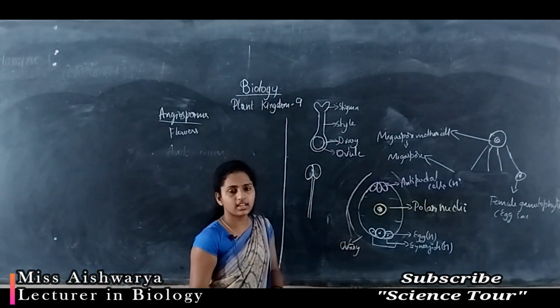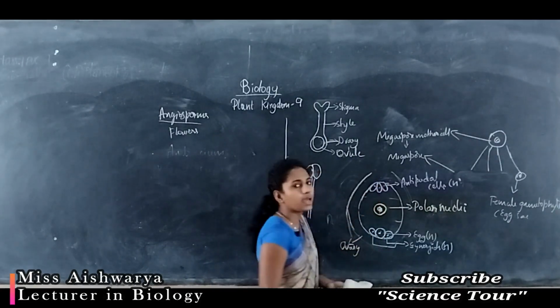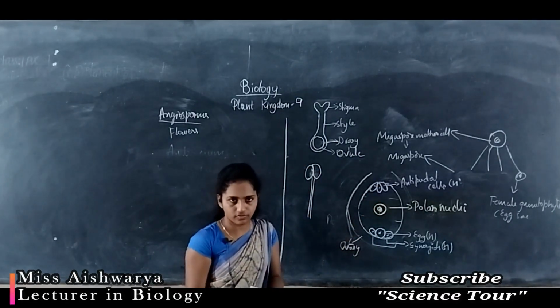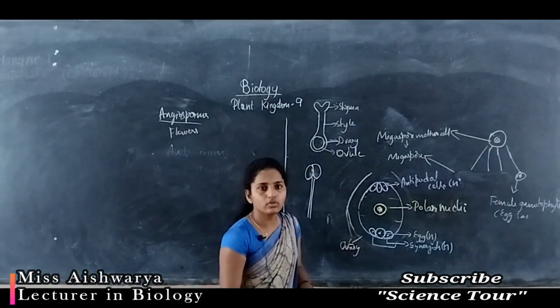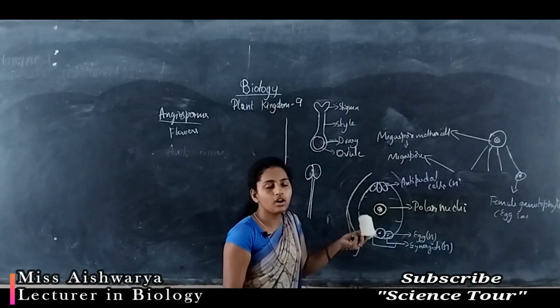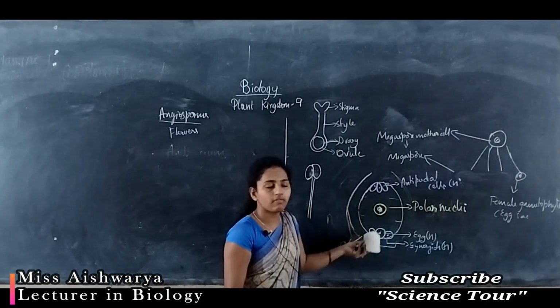Inside this you can see the ovules, and the ovule contains the embryo sac. The embryo sac contains different kinds of cells. This is the structure of the ovule or embryo sac.